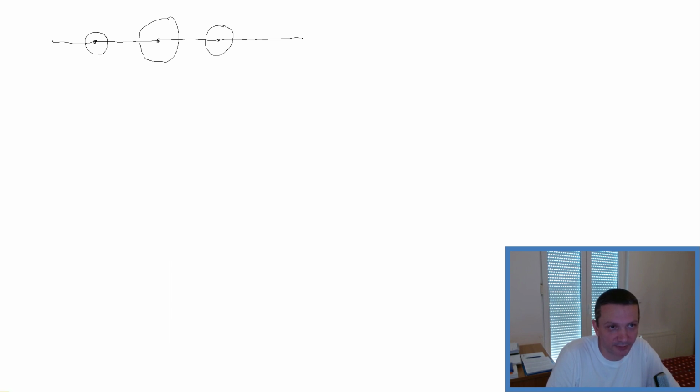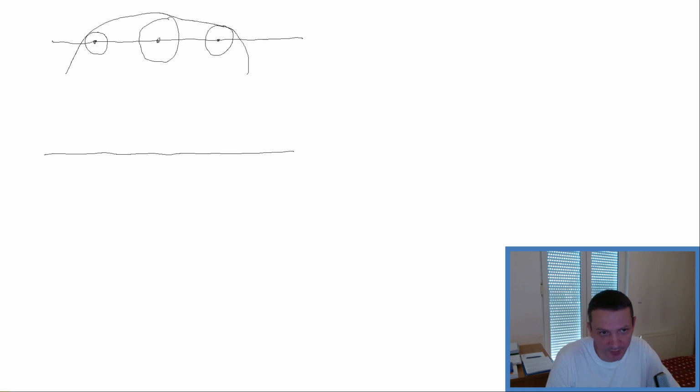Then if we have another one which touches all of them, one case can be something like this. Not a great picture, but in that case, that fourth circle is very large, and its radius is obviously greater than the radius of any of the first three.